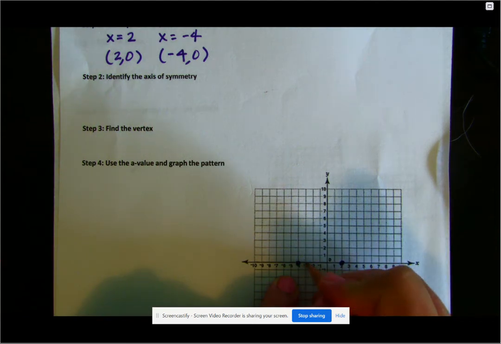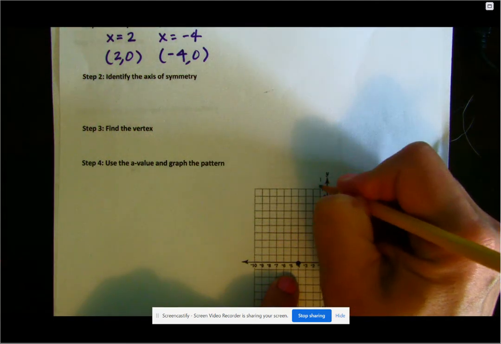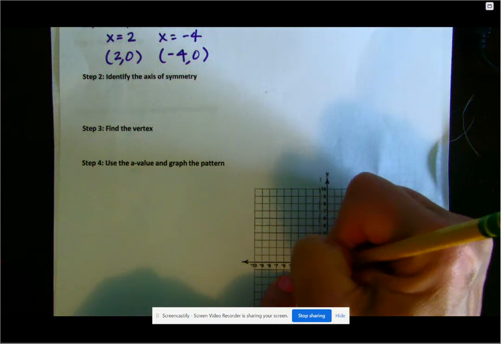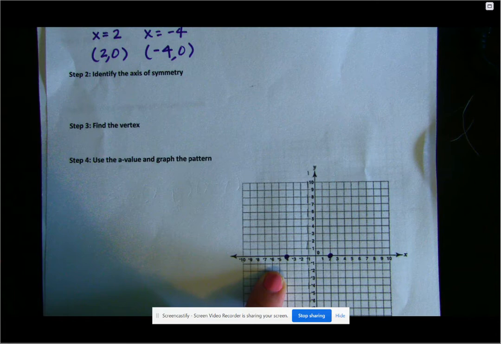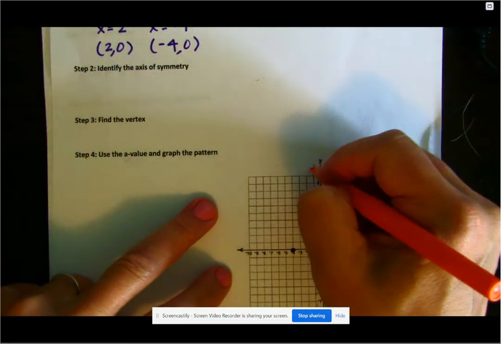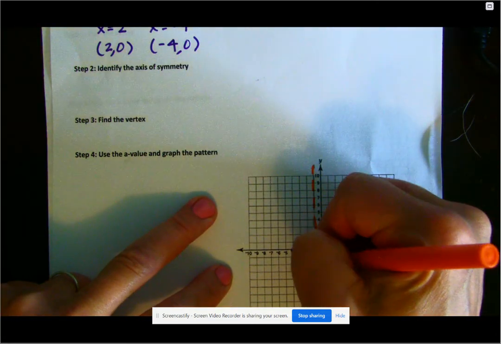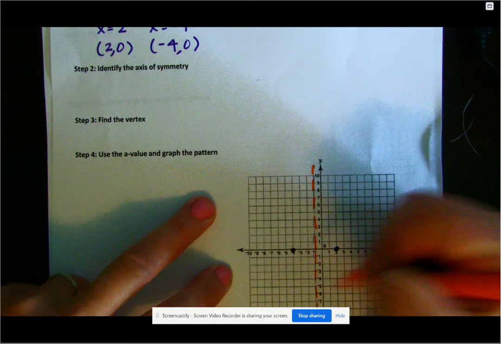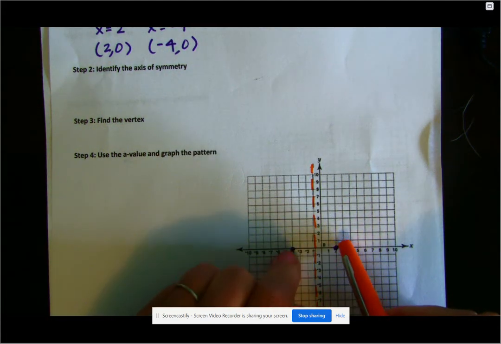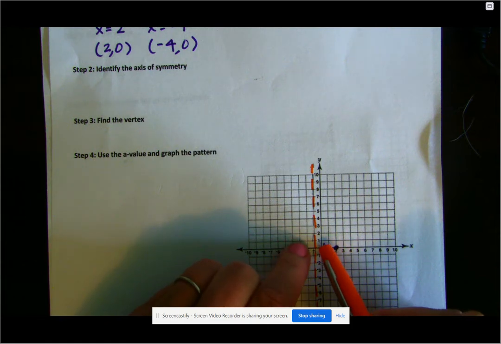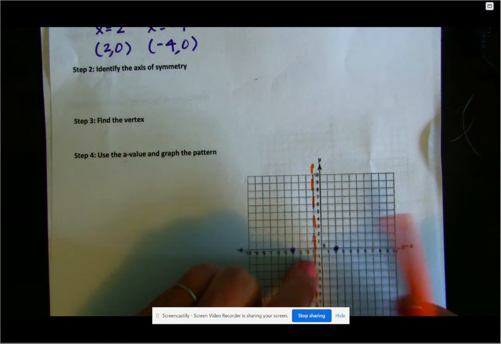So you count 3 in, and it looks like the axis of symmetry is right there at -1. Okay, that is the middle. All I did is count from 2 and -4, 3 units in from each side, and I landed exactly at -1.